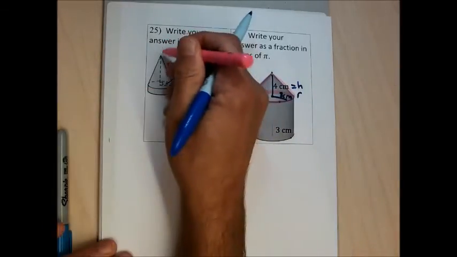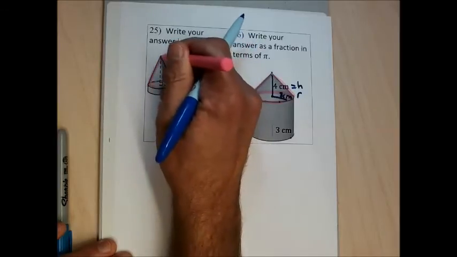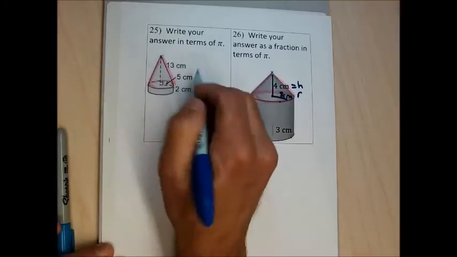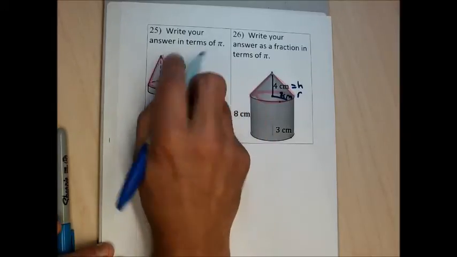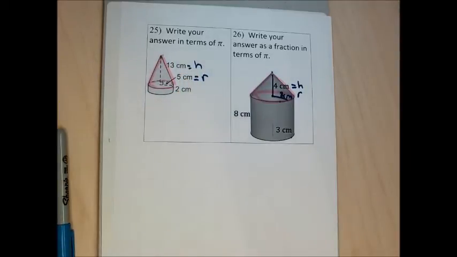For your picture, your top is also a cone, and I'm assuming that that little dashed line is the radius and this dashed line is the height. So that's the top part of our drawings.